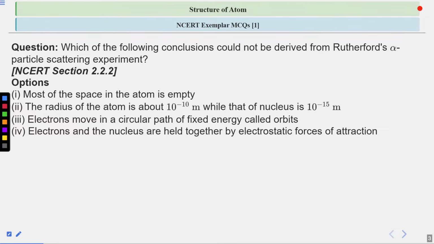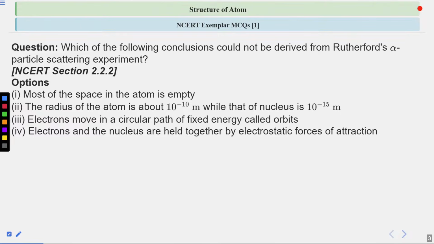So here is your first question. The question is saying: which of the following conclusions could not be derived from Rutherford's alpha particle scattering experiment? Options are: most of the space in the atom is empty.